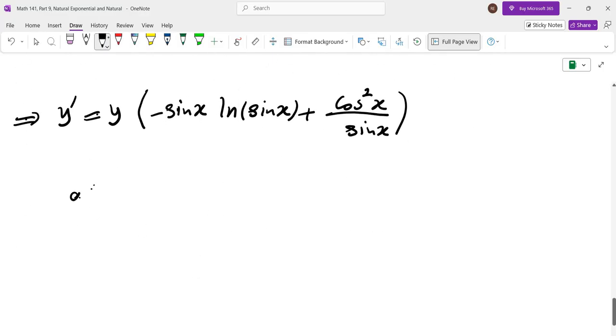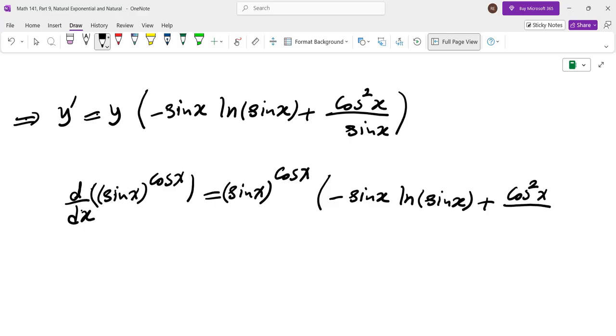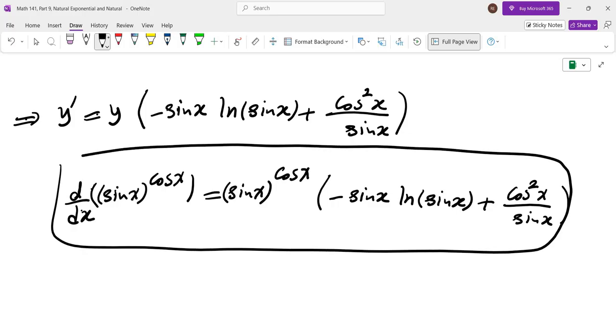So the derivative of sine of x to the power of cosine of x becomes sine x to the power of cosine of x times negative sine x natural log of sine x plus cosine squared x over sine x. So that's the final answer.